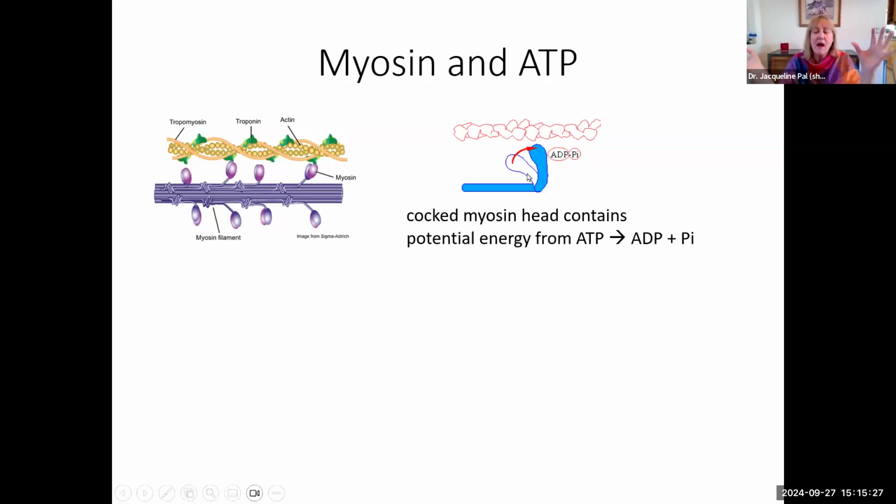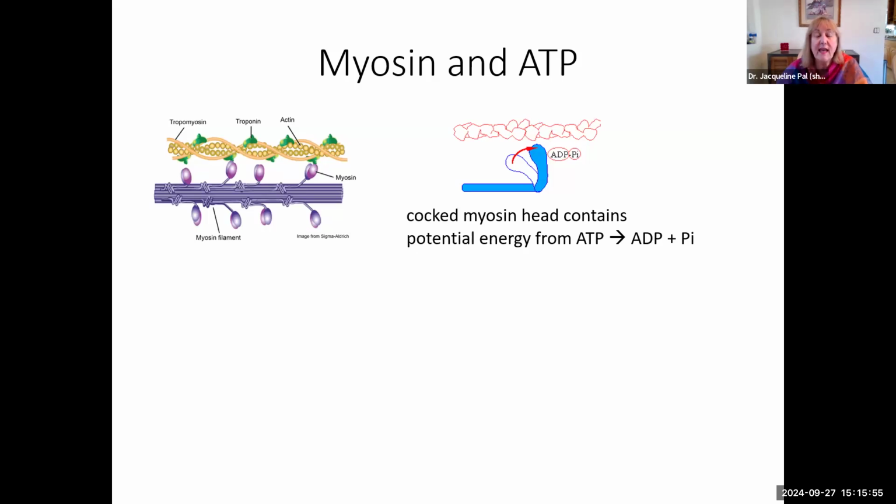That myosin head is what we call cocked and ready for action. An ATP molecule bound to it and broke that ATP bond down. So now there is an ADP and an inorganic phosphate, as well as the potential energy being stored in that head of the myosin molecule.